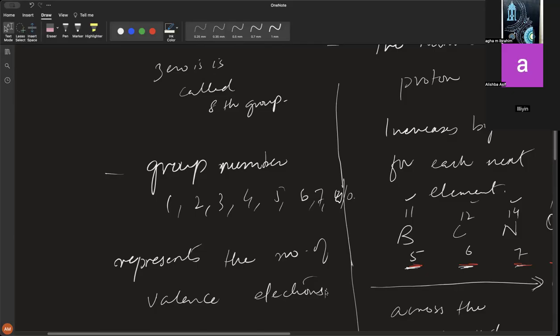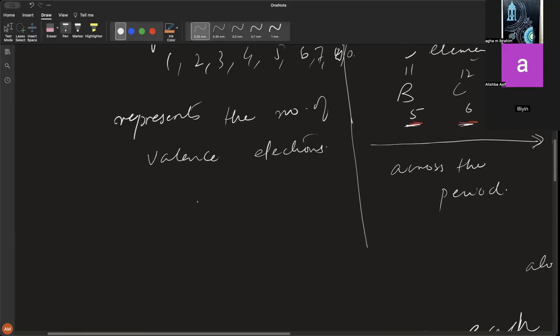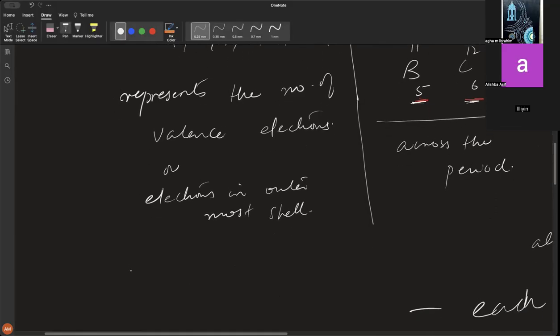The number of electrons that are there in its outermost shell, or you can say electrons in the outermost shell. If you look at sodium, I want you to understand this first, don't write it yet.